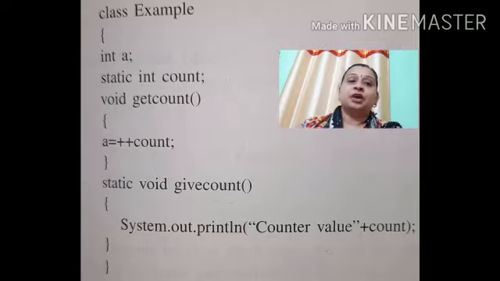These are the member functions. In these methods, a type of task is being done. In the get method, you can see ++count, which means the count is increasing and its value is stored in a, whereas in the giveCount method, we are displaying the value of the count.